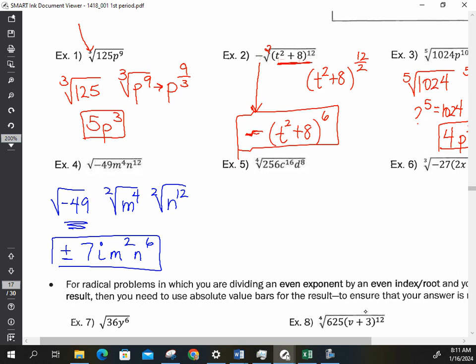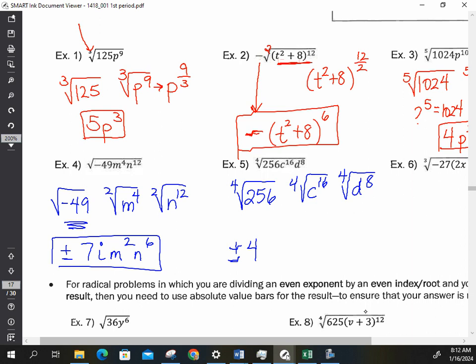Example 5, 4th root of 256, c to the 16th power, d to the 8th power. So once again, separate everything. So 4th root of 256. So that's plus or minus 4.